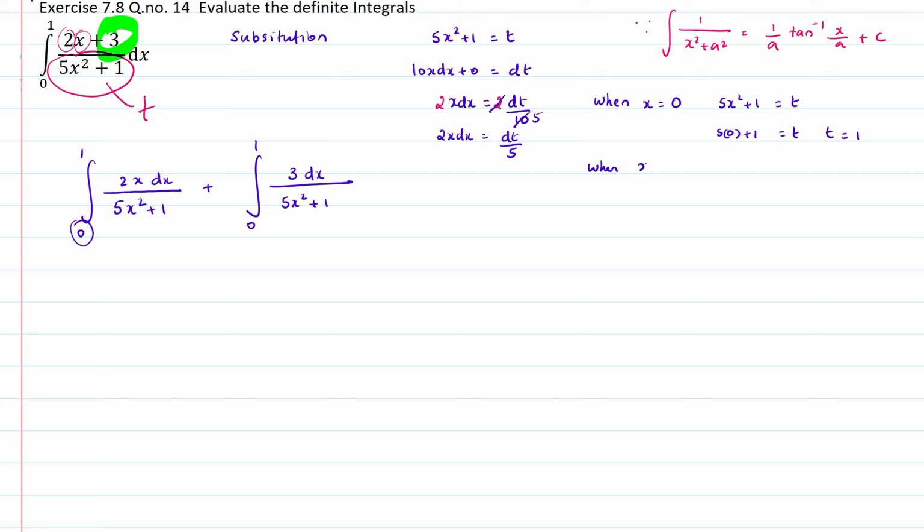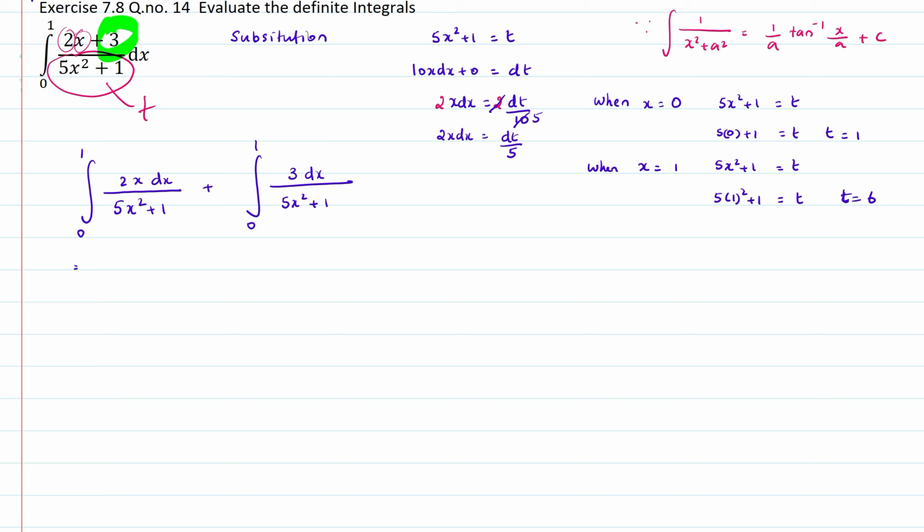When x is equal to 1, 5x square plus 1 is equal to t will be 5 into 1 square plus 1, that is t is equal to 6. So the new limits will be 1 and 6.